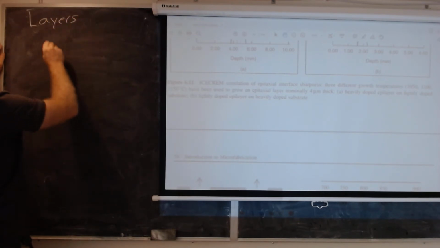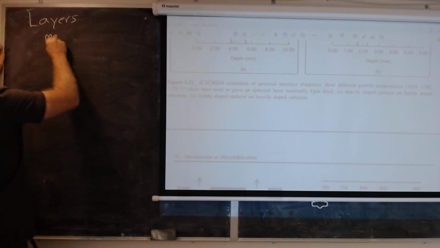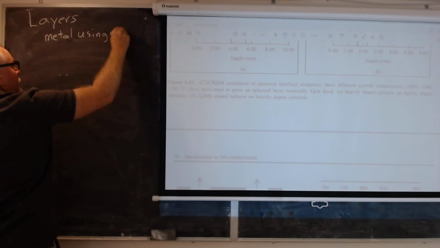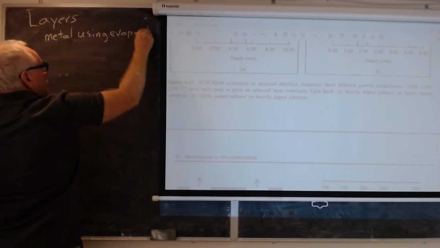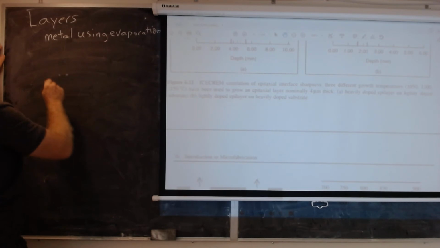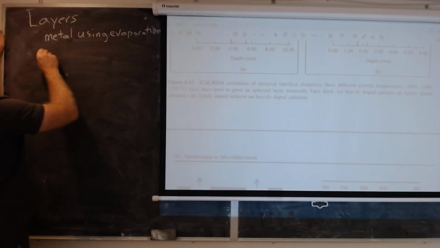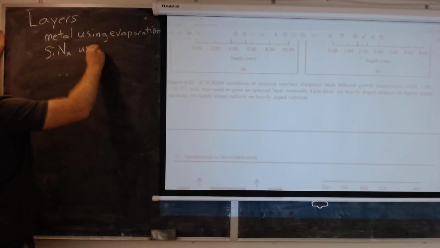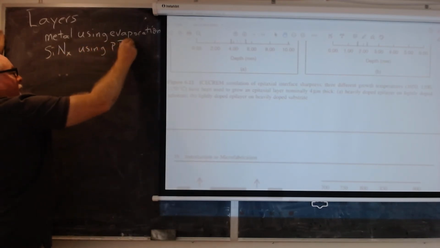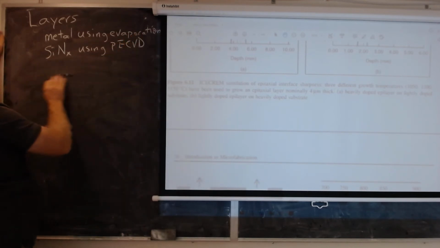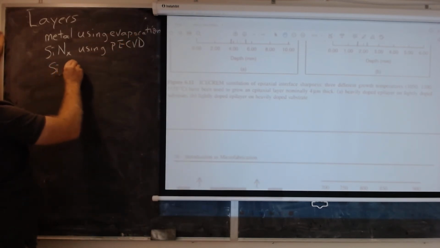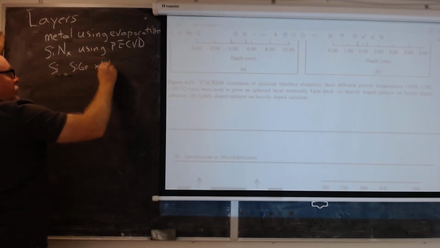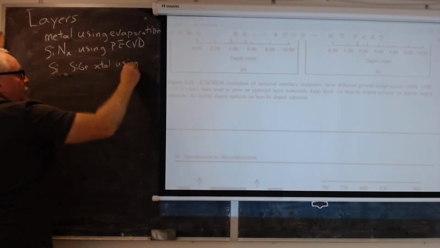We've learned metal using evaporation, and we've learned about, for example, silicon nitride using PECVD, and we've learned about silicon or silicon germanium crystals using epitaxy.